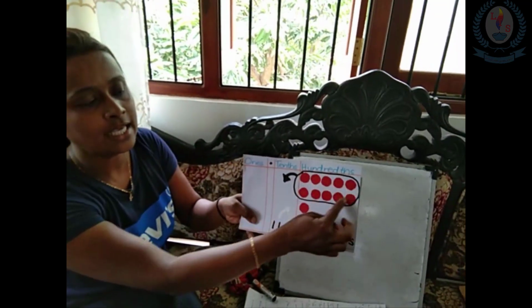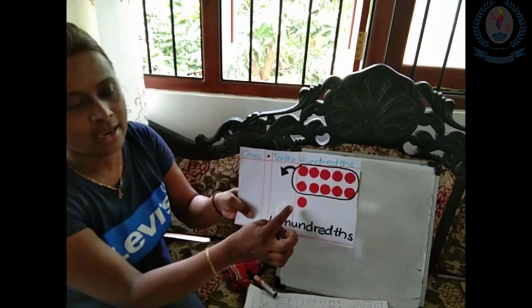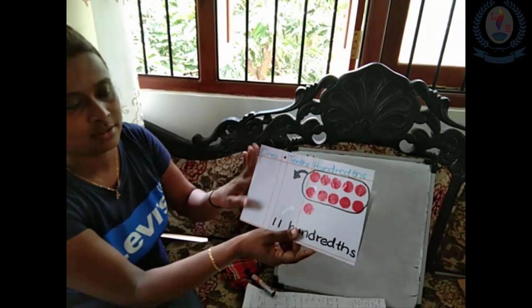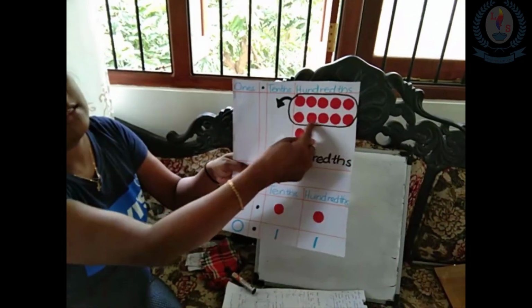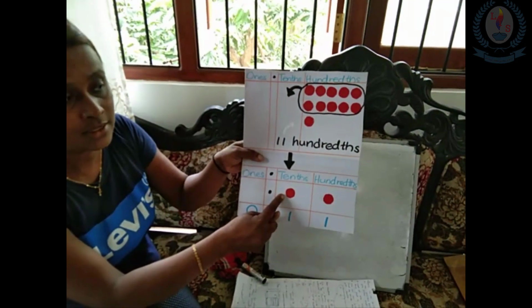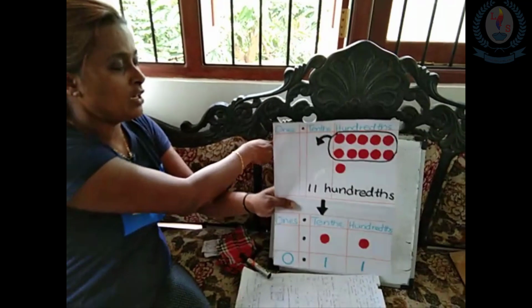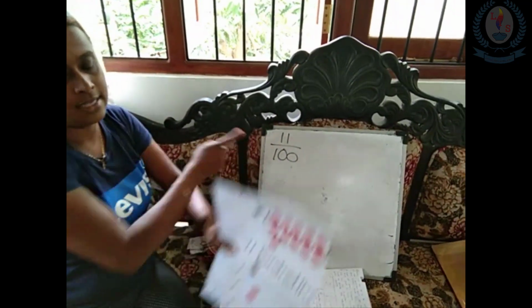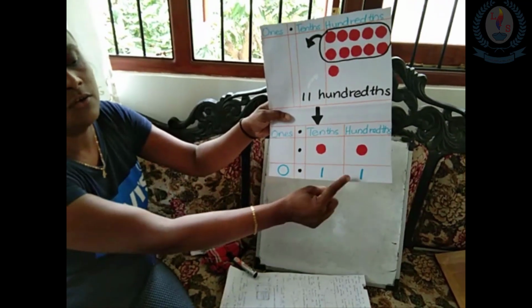So let's take these 10 hundredths to the tenths place and 1 is remaining. When we take these 10 hundredths into the tenths side, it comes as 1/10 and 1 is remaining. It remains here. So when we write 11 hundredths as a decimal, it becomes 0.11.